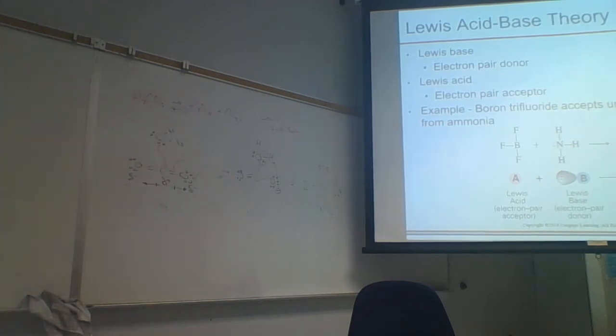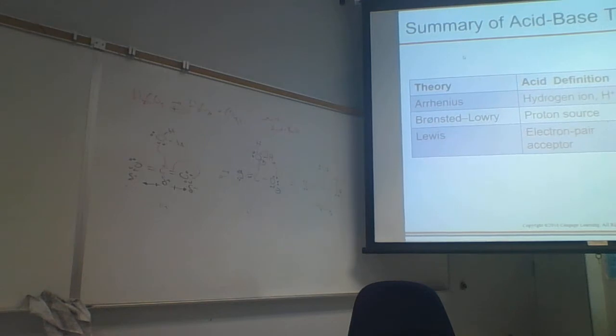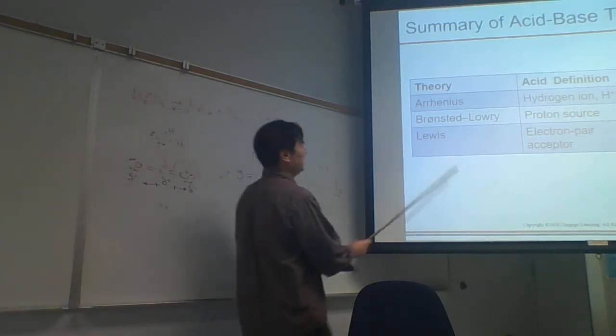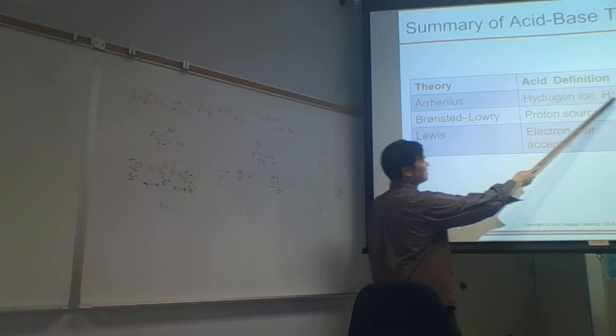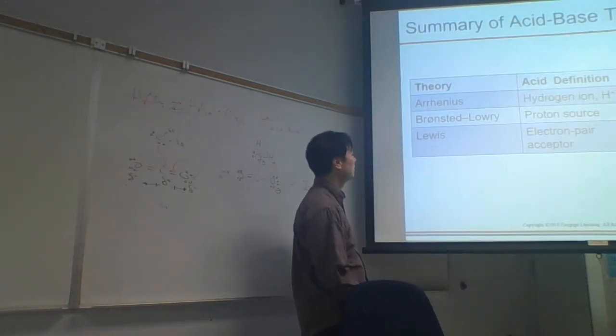And so Lewis acid base are a lot more difficult than Bronsted acid base. And so this is why we spent all our time on Bronsted. Arrhenius is very easy. H plus and OH minus, only one reaction, so you're not going to waste too much time for Arrhenius.